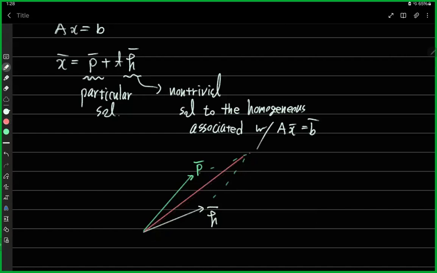Okay. But there is a parameter t. So depending on the value of t, this will be elongated, I mean stretched or shrunk or going backward, right? Let me draw a line like this. There's a line right here. If 2 times h is maybe right here, then we apply the parallelogram rule.